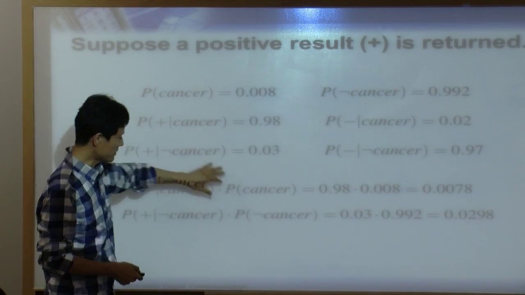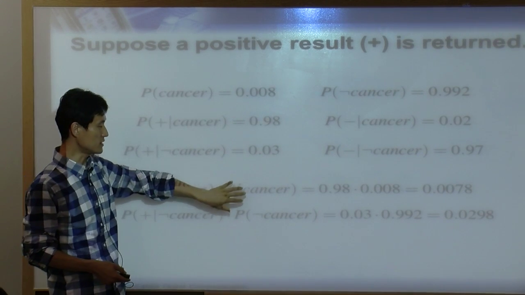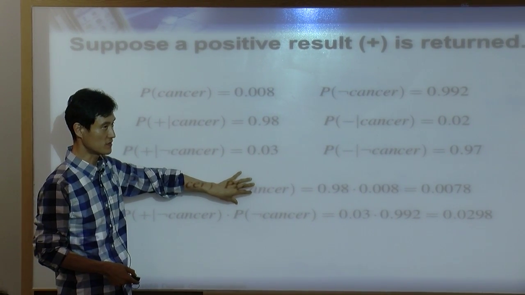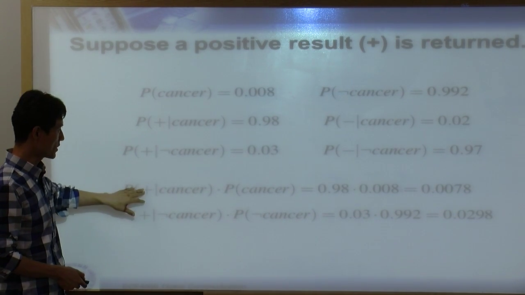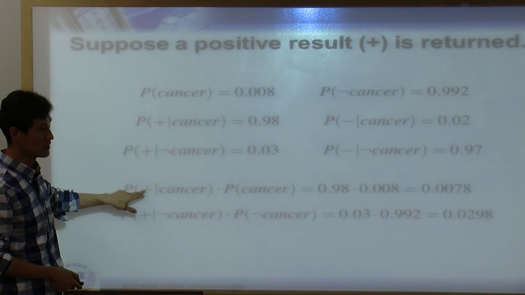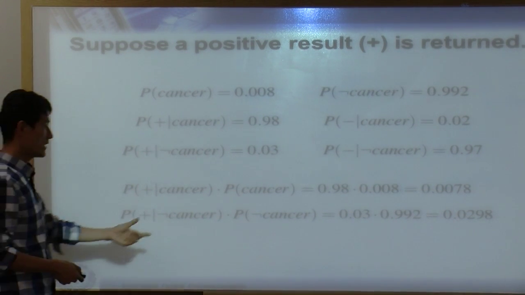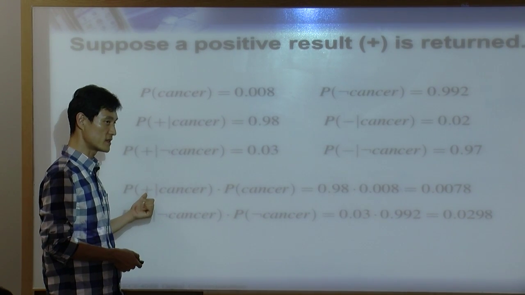When you put these together, think about it this way. This is the probability of cancer, and when you have cancer, this is the probability that you are diagnosed as positive.